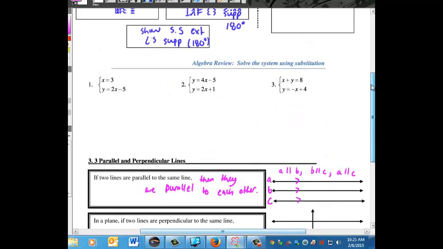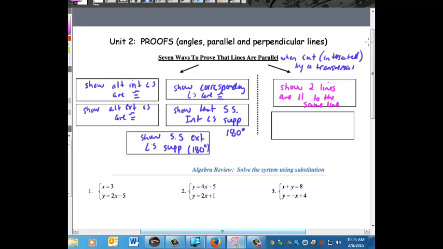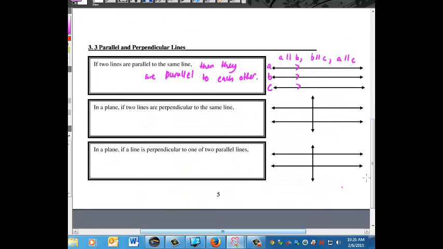We're going to scroll back up to the other rule, and the second rule is going to read, show two lines are perpendicular to the same line. So in a plane, if two lines are perpendicular to the same line, then they are parallel to each other.